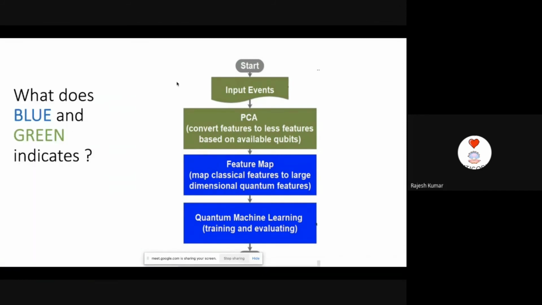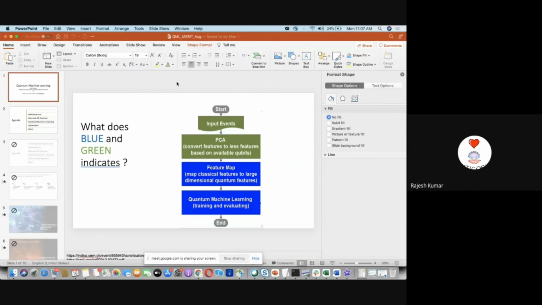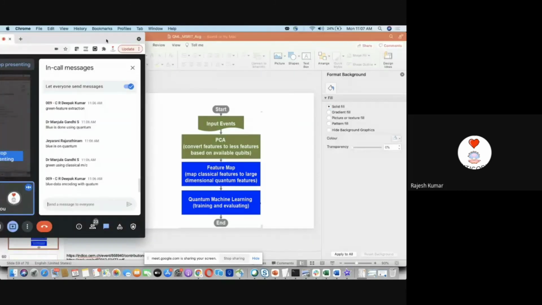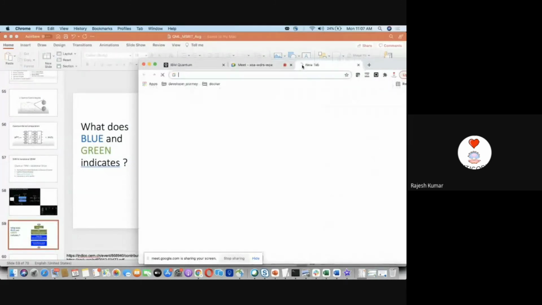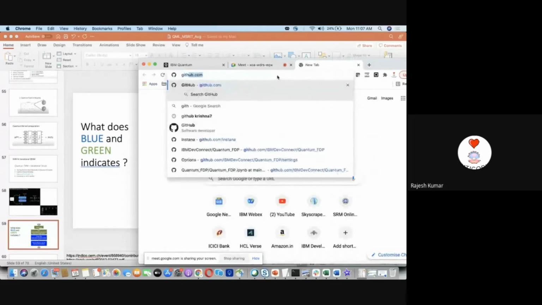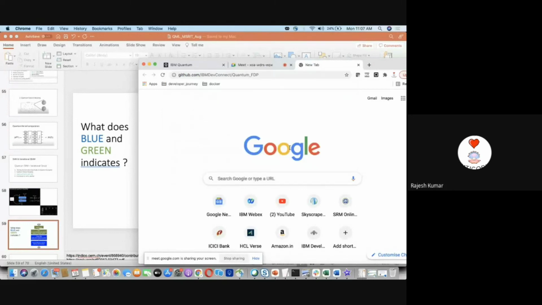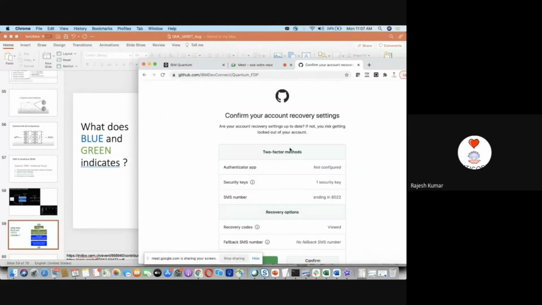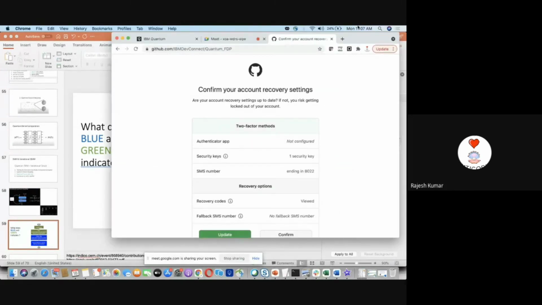Now let me quickly show the sample program. I have put this in one of the GitHub repositories. It's asking for authentication.